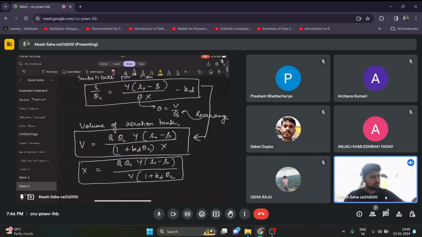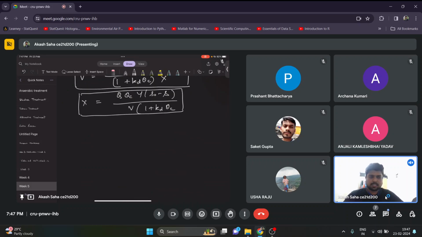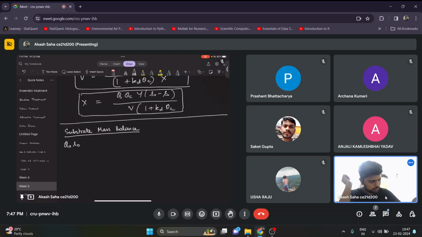Fine. And one more thing, this was regarding the microorganisms. Now, if we want to do the same thing for the substrate, the substrate mass balance, we know this equation: Q naught X naught plus V dS by dt is equal to Q naught Q_W S plus Q_W S. So this was our equation.